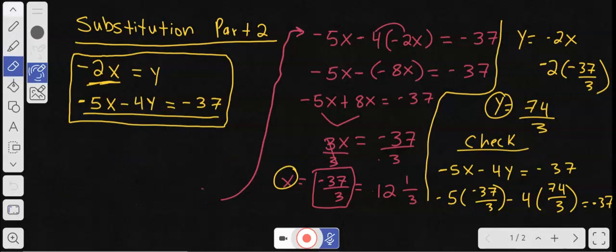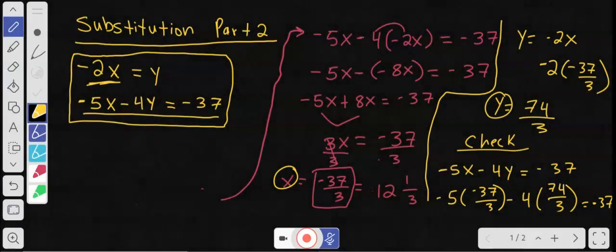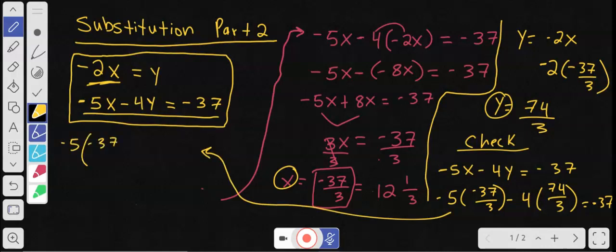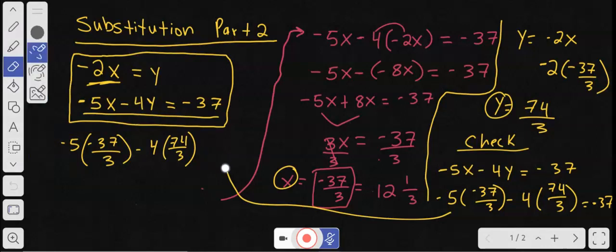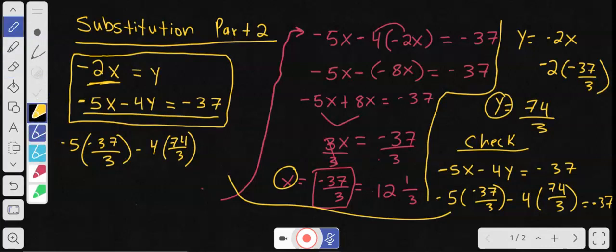So continuing forward. Negative 5 times negative 37 over 3 minus 4 times 74 on top, 3 on the bottom. All of that is equal to negative 37.